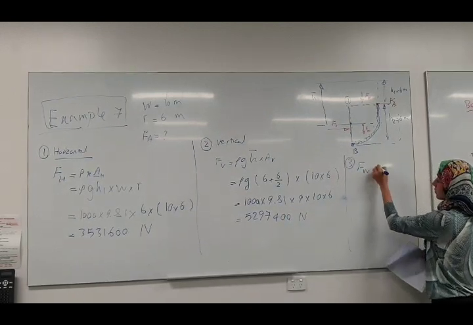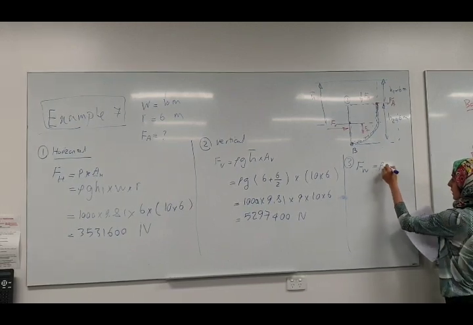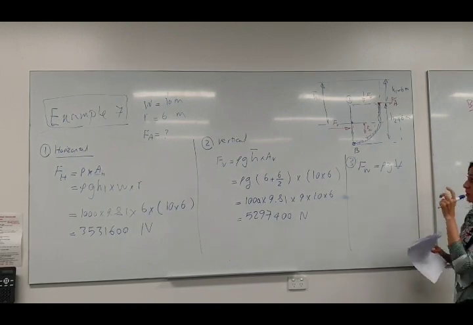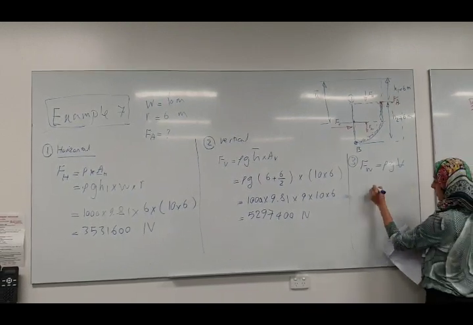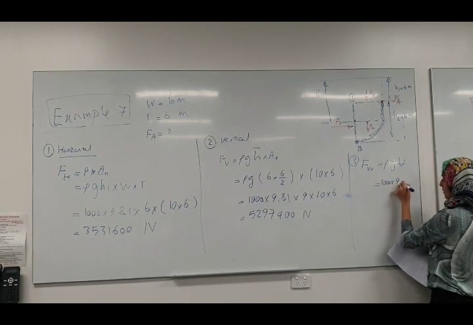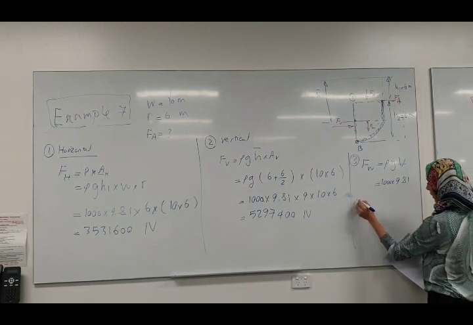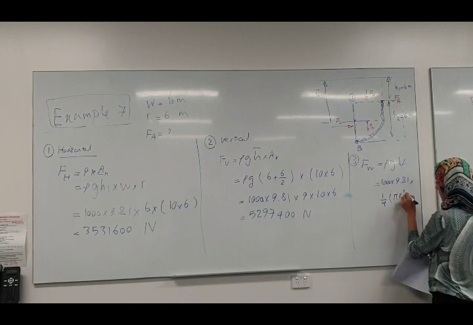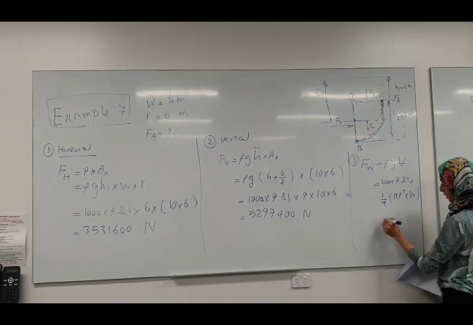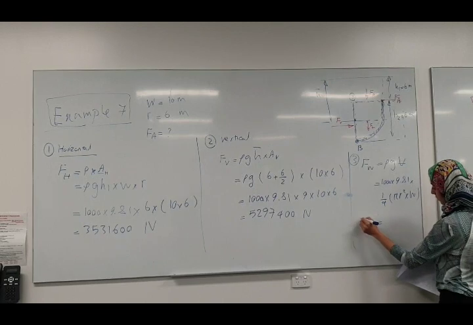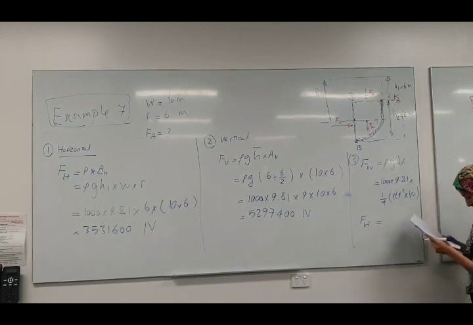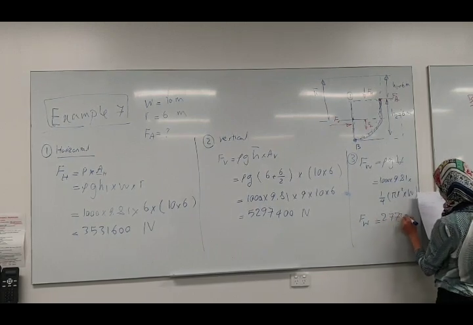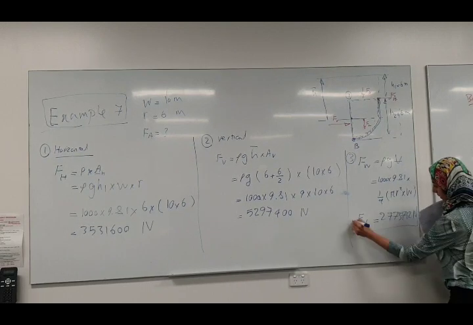We call it FW, and it's equal to density times gravity times the volume of the water in this region, which is a quarter of a cylinder. 1000 times 9.8, and the volume is a quarter of pi R squared times W. If you put in all the values, we can find FW, and it's about 2,773,712 newtons.